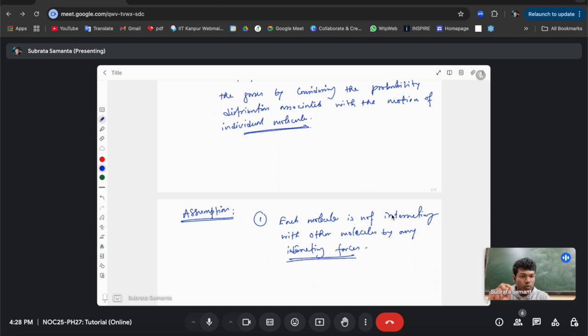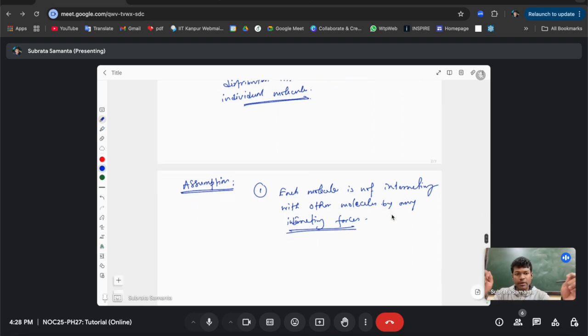But the molecules can collide with other molecules. So a molecule can collide but not interact. These have two different meanings: collisions and interactions. If two points interact, that means there is some kind of force between the molecules, and that's why they interact via these forces.